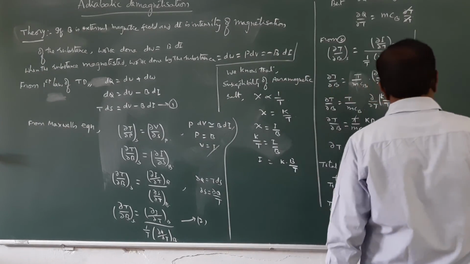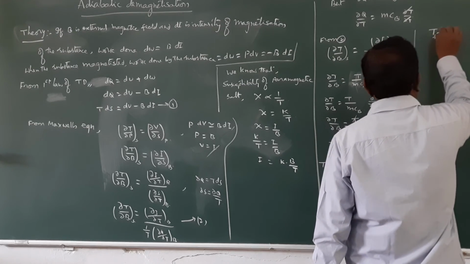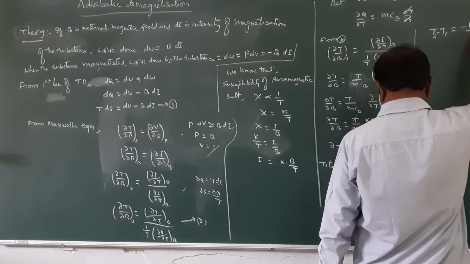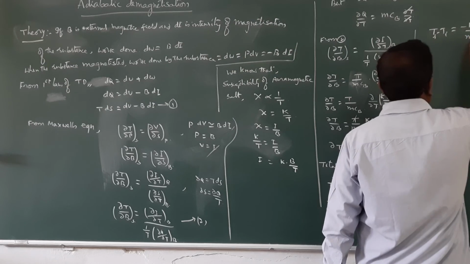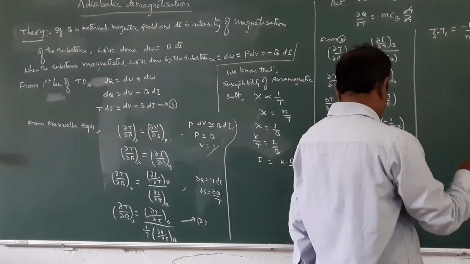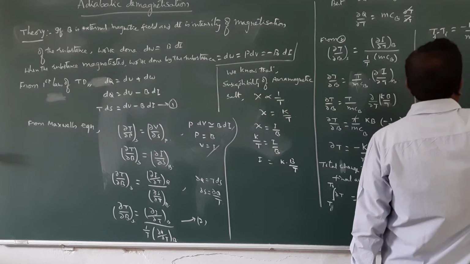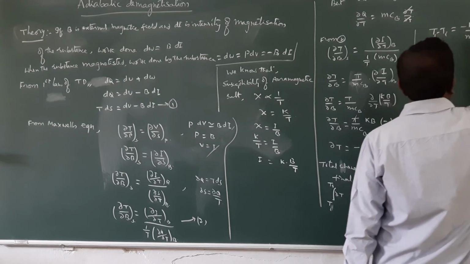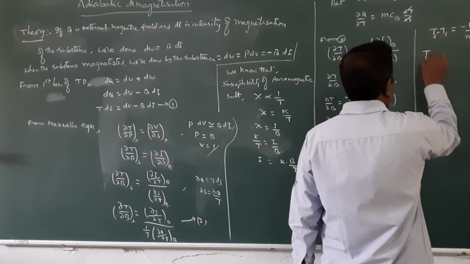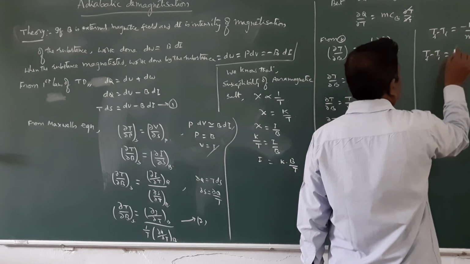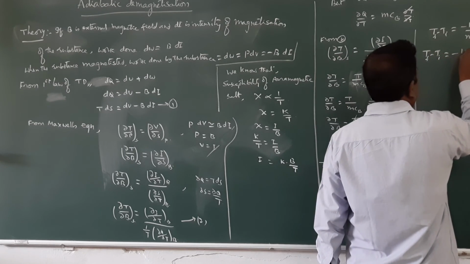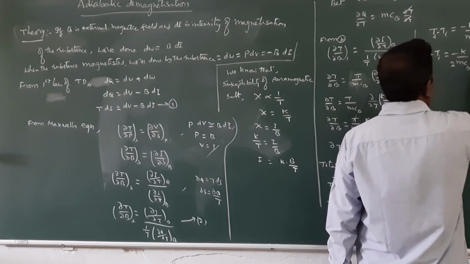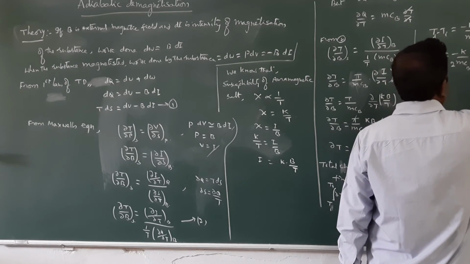This can be written as Tf minus Ti is equal to minus K by mCb integral B dB, where integral of B is B square by 2. Therefore, B square by 2 between the initial and final states. Therefore, the change in temperature between the two states is equal to minus K divided by 2mCb into Bf square minus Bi square.